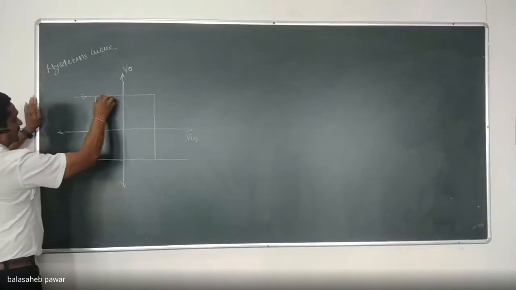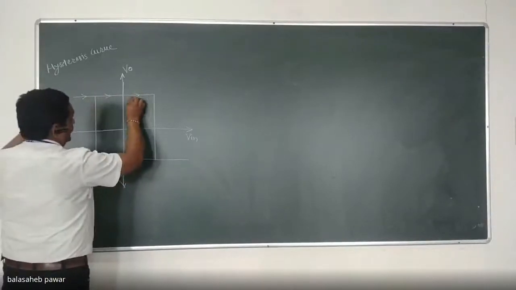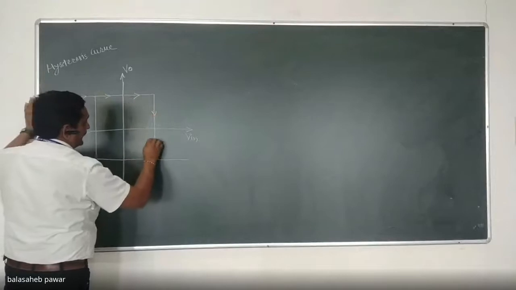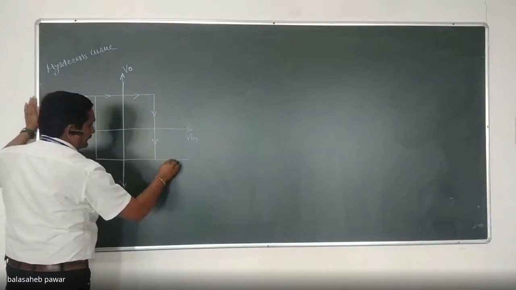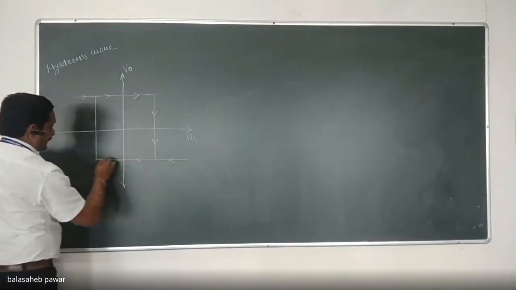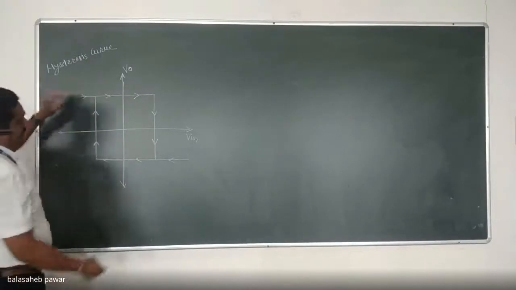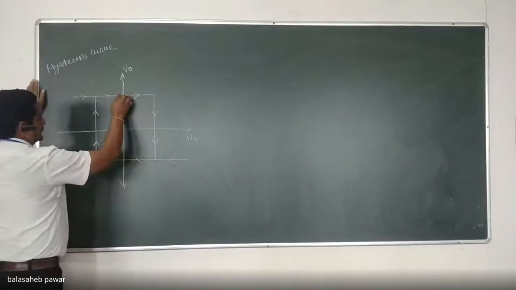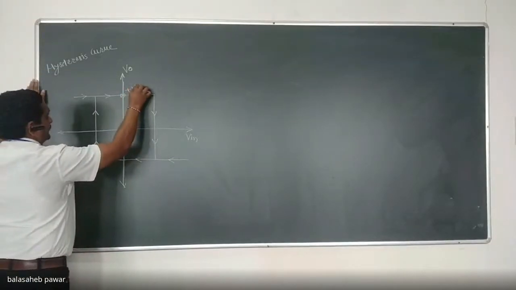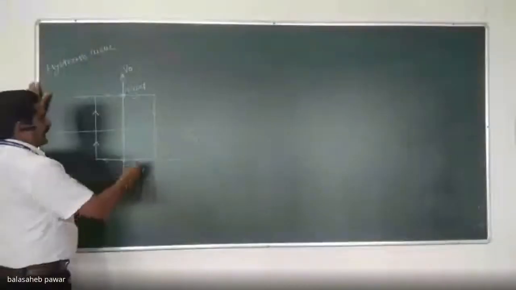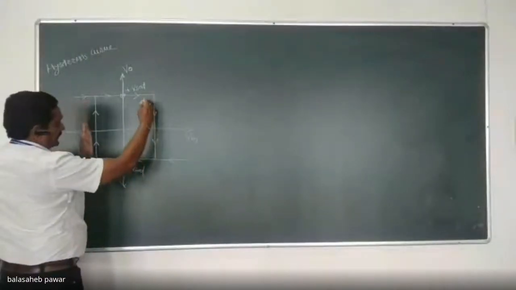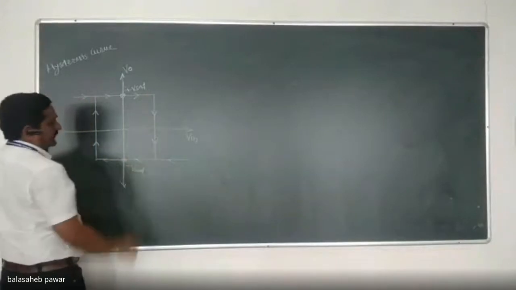The shown curve is for the ideal case, or an op-amp having a very high slew rate. If the op-amp has somewhat low slew rate, then the transition between these two levels, plus VSAT and minus VSAT, and these vertical lines become somewhat tilted for a practical op-amp.